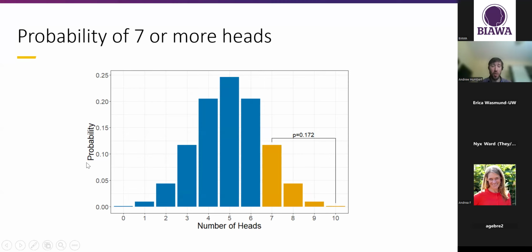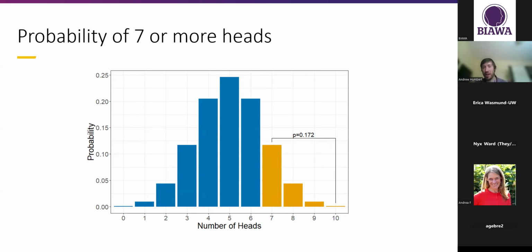So what do I do? We have this nice distribution of what a fair coin should look like, and then I can look at where 7 heads is, just this first gold bar here. So there's about a 12.5% chance of getting exactly 7 heads. But for the p-value, I also want to know the probability of more extreme. So it's not just exactly 7 heads. I also want to know the probability of exactly or greater than.